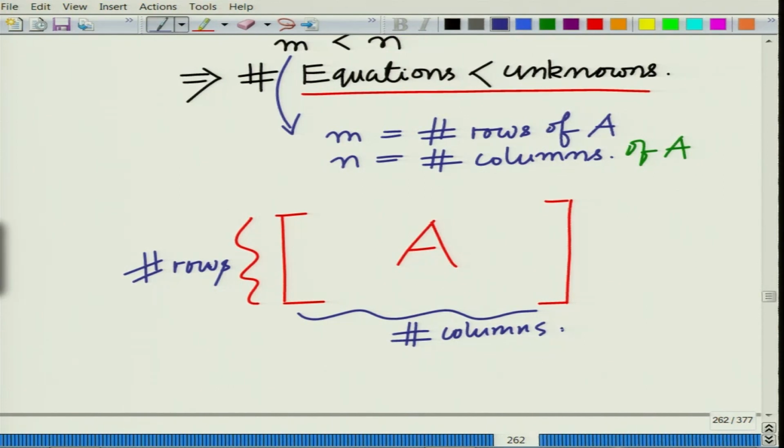So, the number of rows is less than the number of columns.